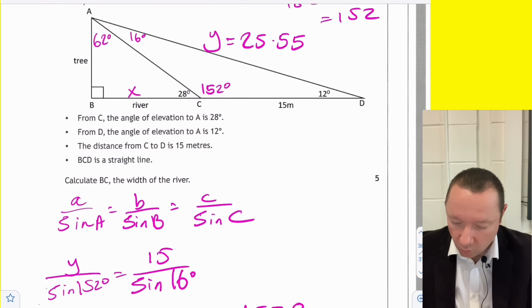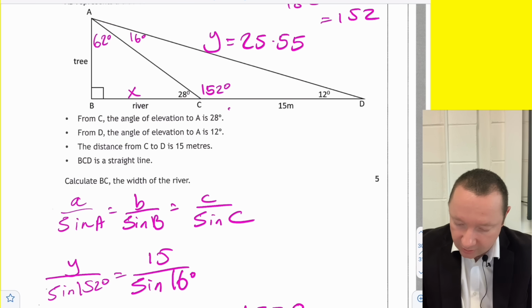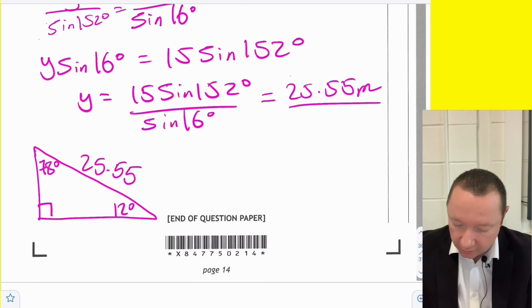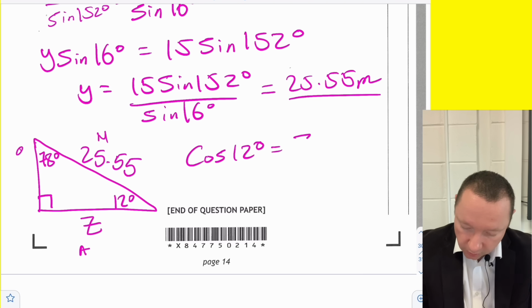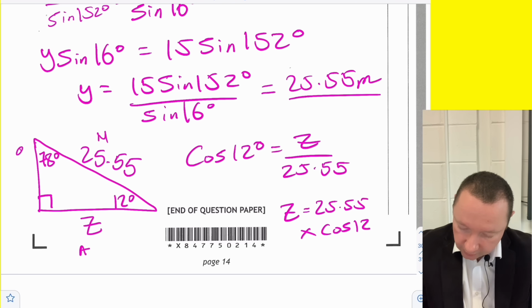So let's call that bottom bit, the whole thing, z, because we're now on the big triangle. We've got opposite, adjacent, hypotenuse. So I've got adjacent and hypotenuse, so I've got cos of the angle equals z over 25.55. So z equals 25.55 times cos of 12 degrees, which is 24.99.